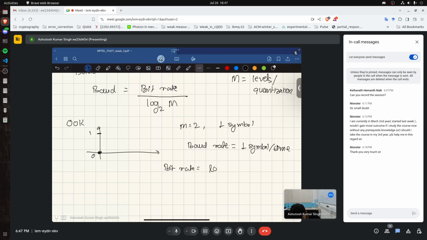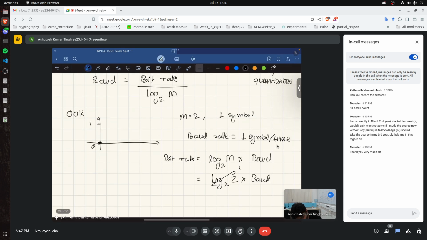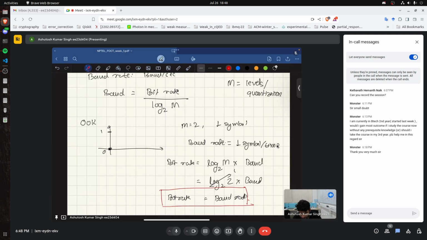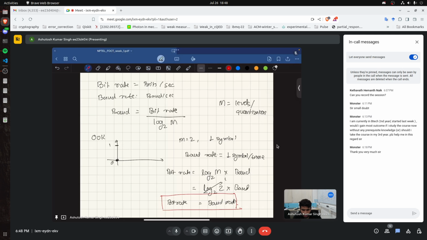Bit rate is log 2 of m into baud rate, where log 2 of 2 is 1. So in this case, bit rate is equal to baud rate. Let me write this. In this case, bit rate was equal to baud rate. That just means that these 2 quantities are equal here when there are only a 2-level system and one bit per symbol.